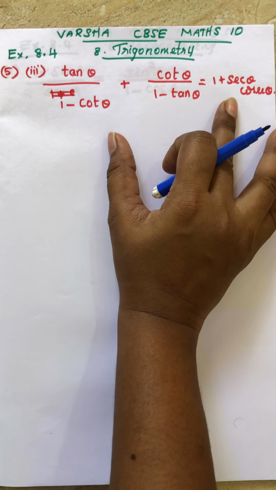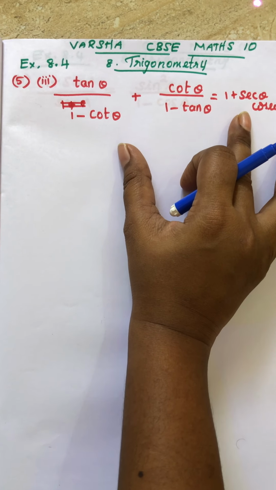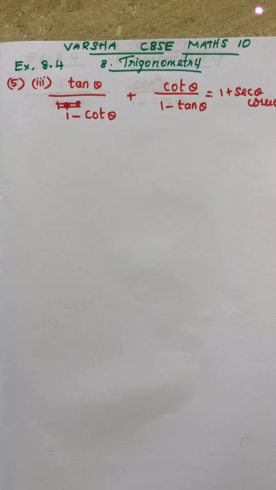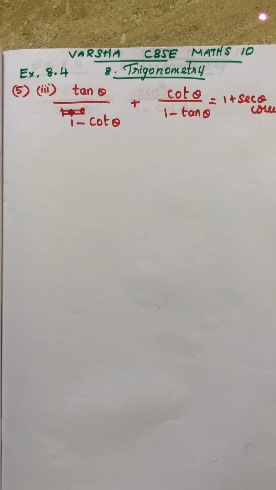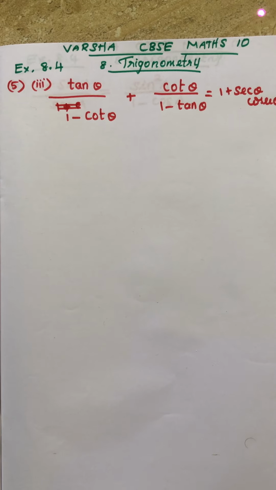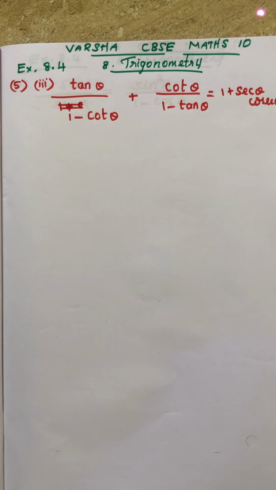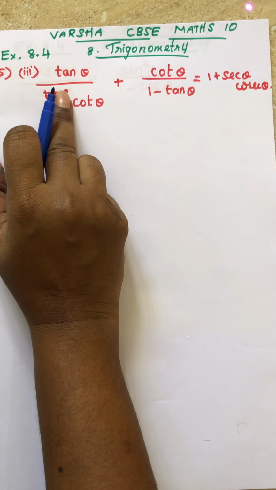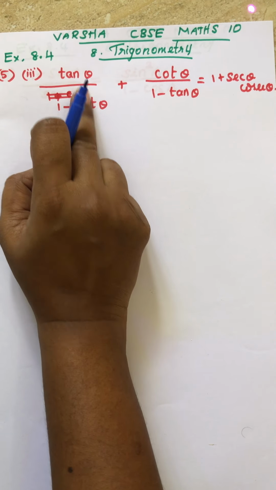So before that we should know the reciprocals and identities clearly. See, do you remember everyone? If you know the reciprocals clearly, you can do the sum easily. I hope you know. Okay. So see, first identity, reciprocal.